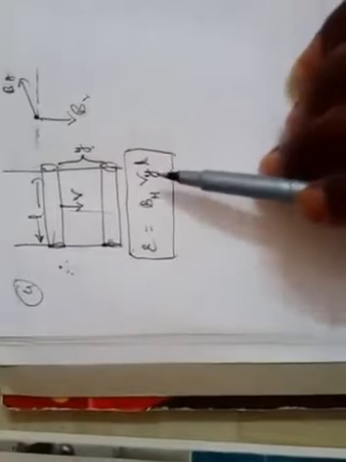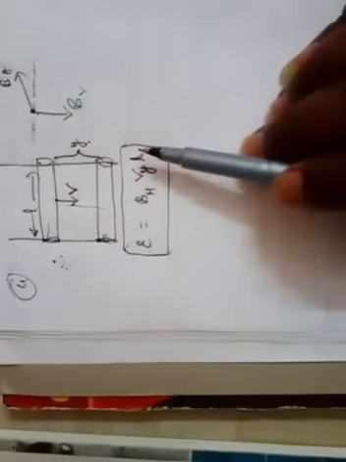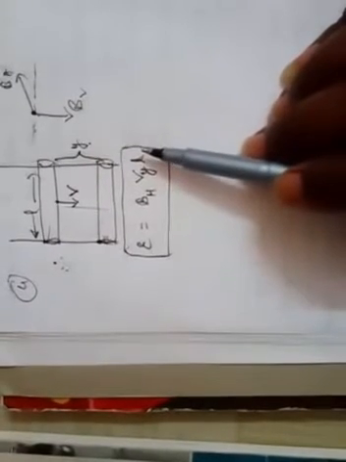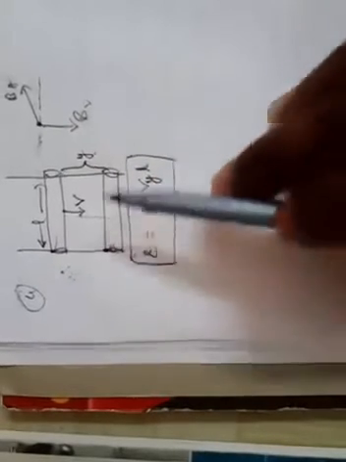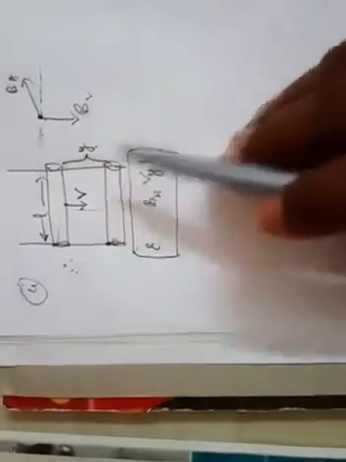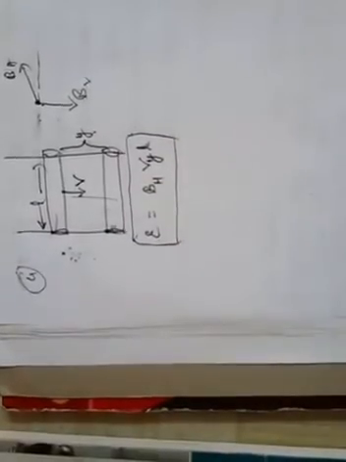And why should we not write sine theta here? Because theta is the angle between the length of the conductor and V, and here both are perpendicular to each other. That's why I am not writing it.